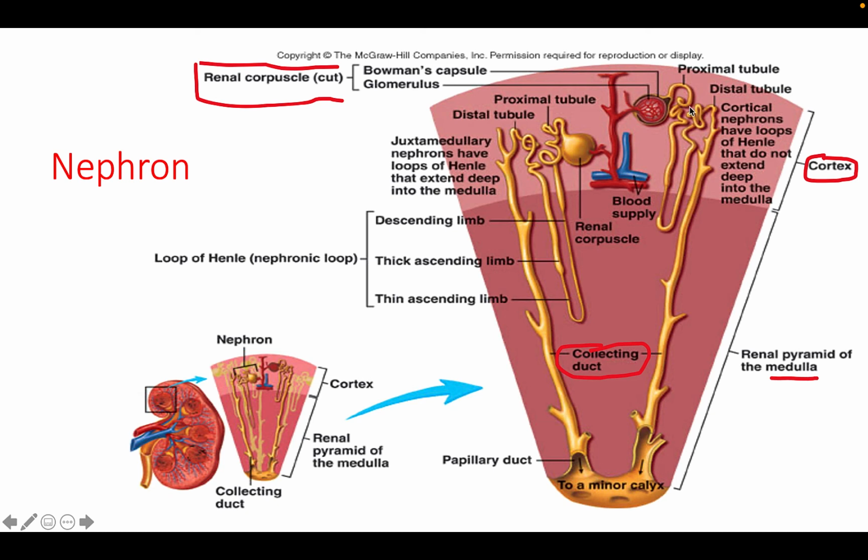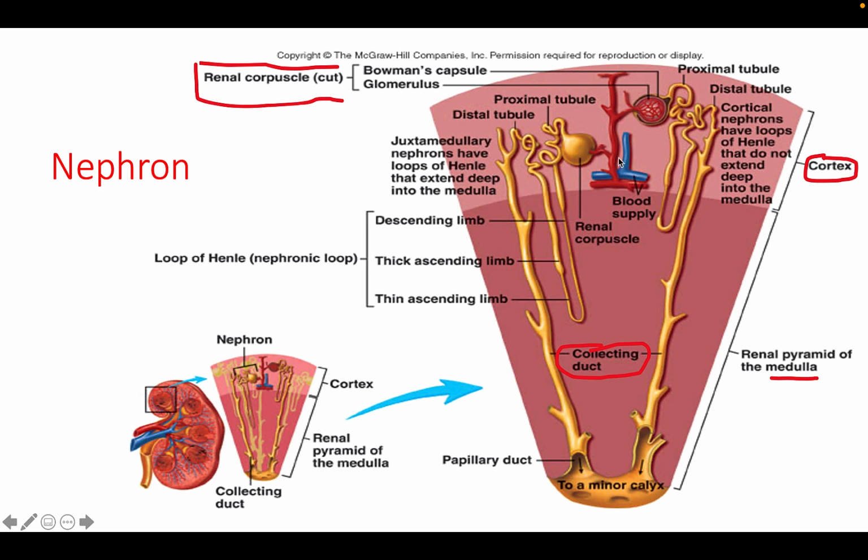So filtering initially in the renal corpuscle, and then reabsorption occurring in the tubules. And it does this even though about 15% of nephrons do end up dipping into the medullary pyramids. These are known as juxtamedullary nephrons, but that's a little bit more in depth than what we really need to know.